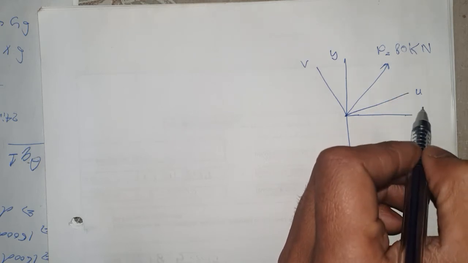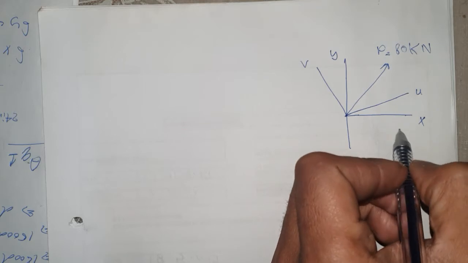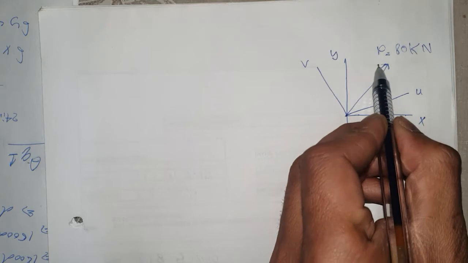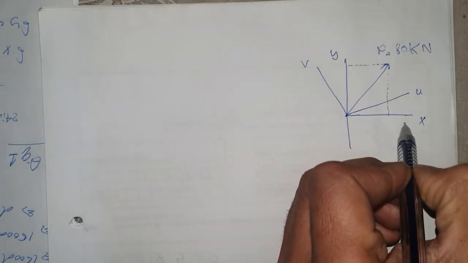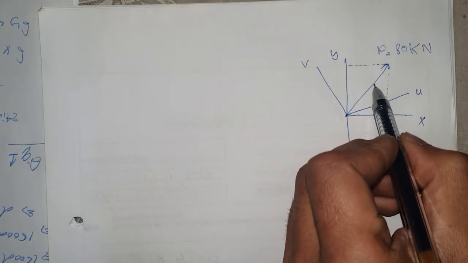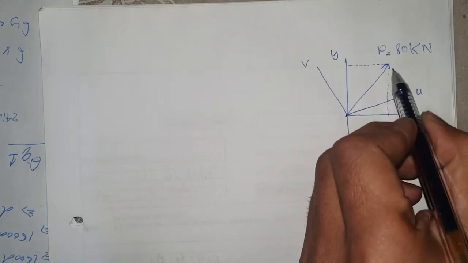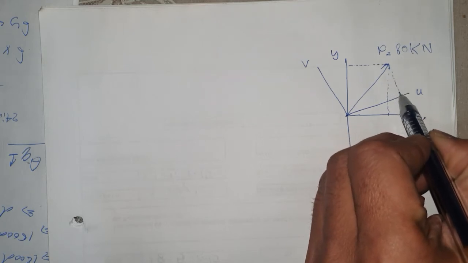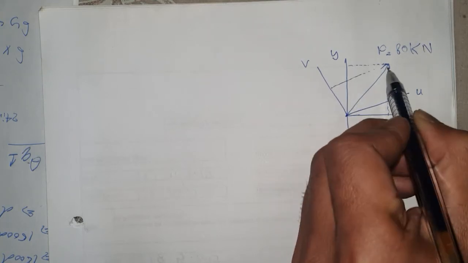We have 80 kilonewtons. If we find the components for this force, first we'll go for x and y. This would be the x, and this would be the y. And for the u and v coordinates, the v and the u will go like this.